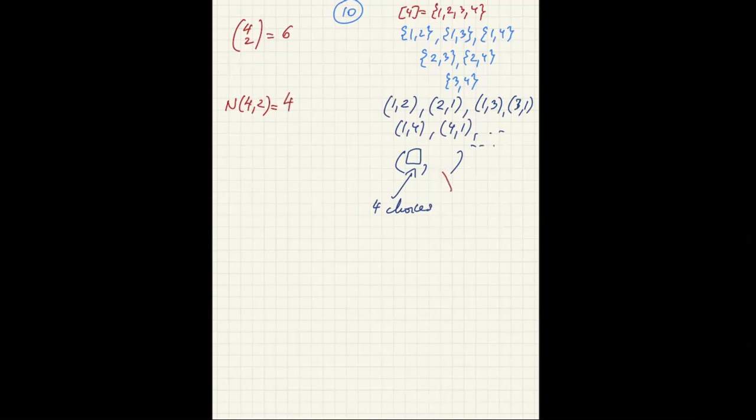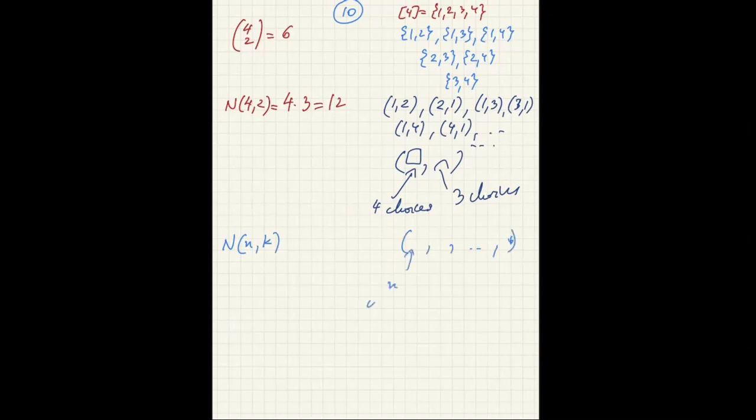And so on the second position, we're going to have 3 choices. So you get 4 times 3, so it's 12. So in general, the same argument is going to happen for n and k. If we have k positions.